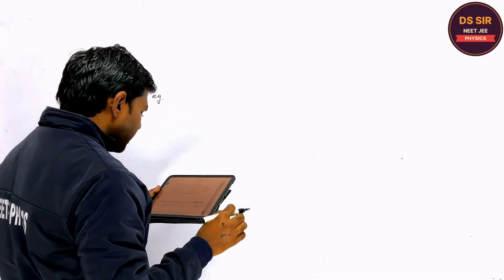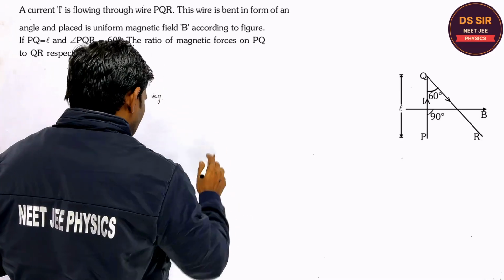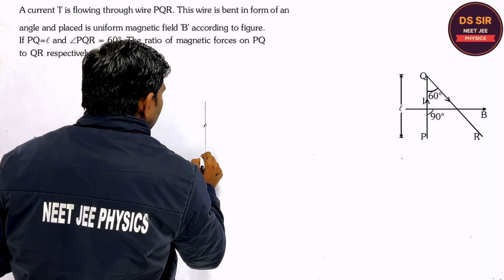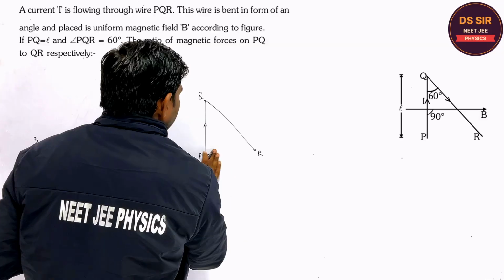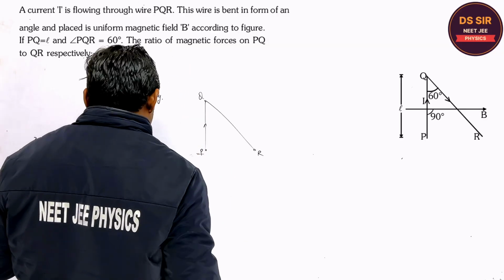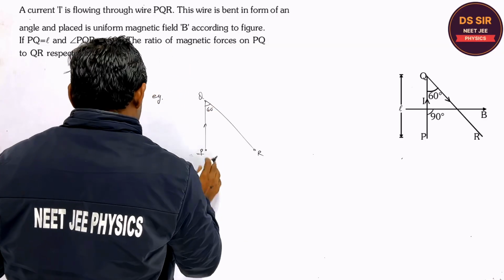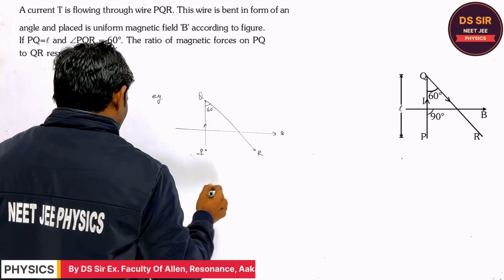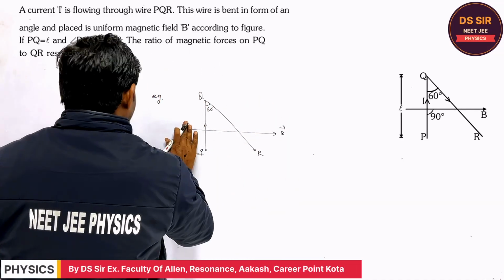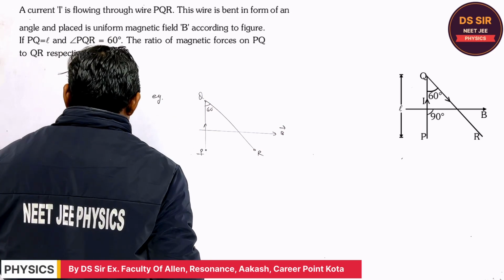So read this question. In this question, a current I is flowing through a wire PQR. This is the wire P, Q, and this is R. This is PQR, and this angle is 60 degree. The magnetic field is given in this direction.